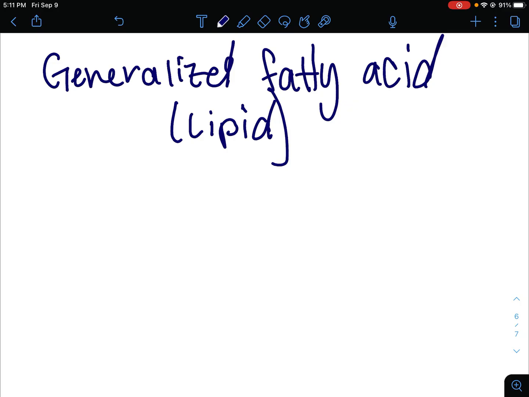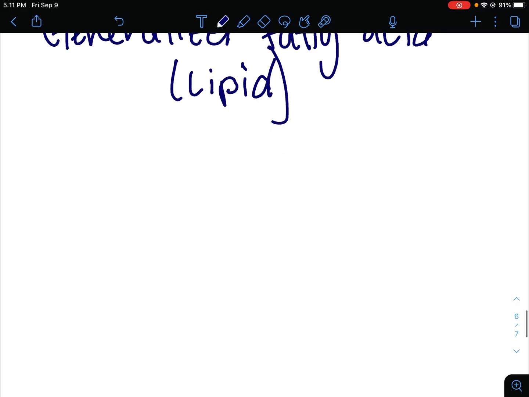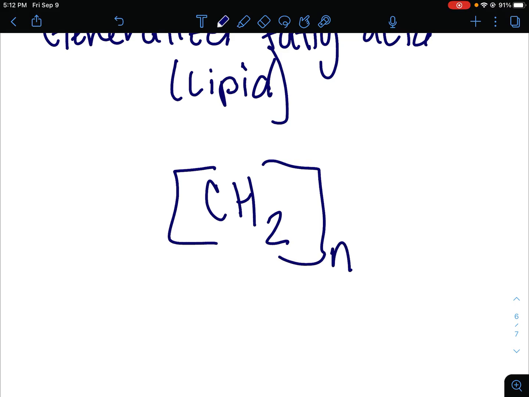So this is, again, generalized because fatty acids can be different lengths. So we are going to start with our carbon backbone, and I'll explain that a little more later. So when we talk about lipids and we looked at lipids, you noticed that they have long chains on their ends that have only carbon and hydrogen. So our carbon backbone is going to be carbon connected to 2 hydrogens, and then we're going to put it into brackets, and then write N. That N equals, again, a variable.